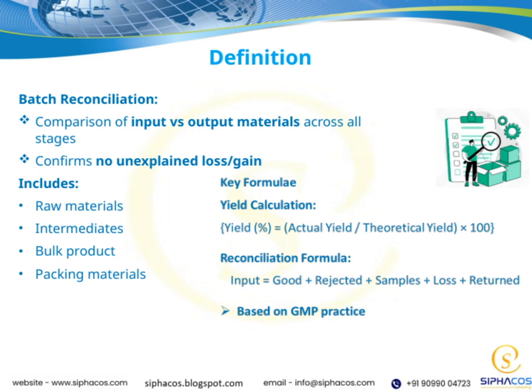By doing this, we can accurately track where every material is and confirm that our records match the actual materials used and produced. This process is crucial because it helps us maintain transparency and control, making sure our production is efficient and compliant with quality standards. It's a fundamental part of ensuring product integrity throughout the entire manufacturing process.